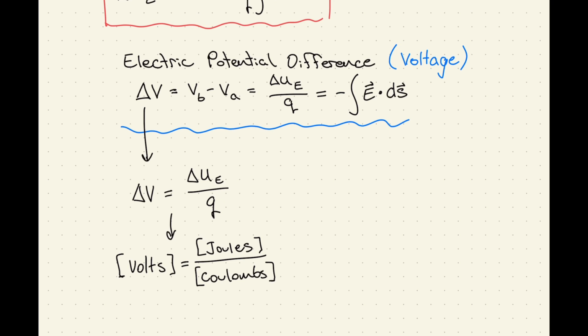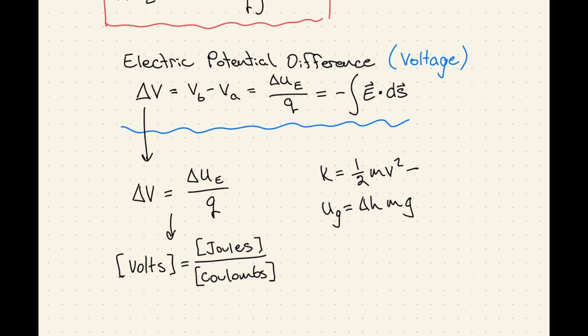Okay, very cool. And another thing is, remember from before how I introduced to you guys kinetic energy is equal to 1/2 mv squared? Or for example, gravitational potential energy is change in height times mass times gravitational acceleration.